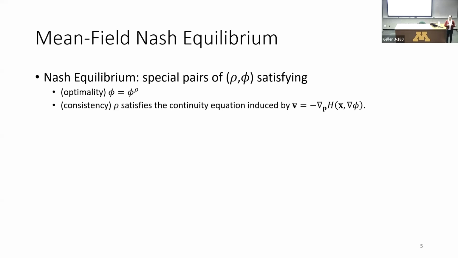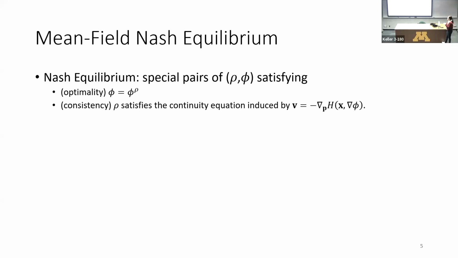We want to find the mean-field Nash equilibrium. This is a special pair of the control and the density. On this special pair, you will see the value function phi is optimal with respect to the density rho.